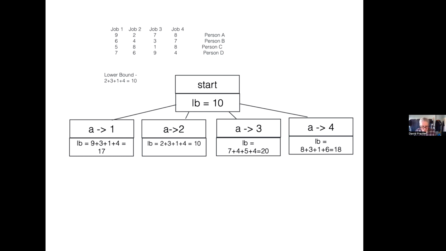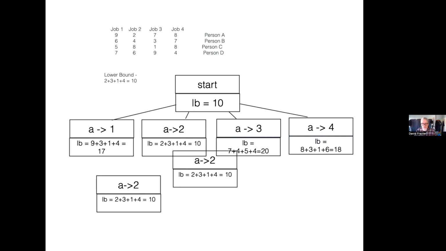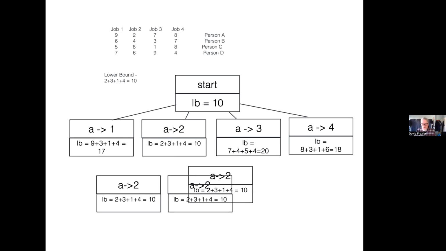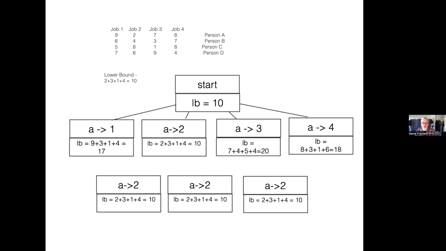They can take 1, 3, or 4. So we'll move this one down. We didn't determine that the other options weren't feasible, but we did determine that they were not optimal.